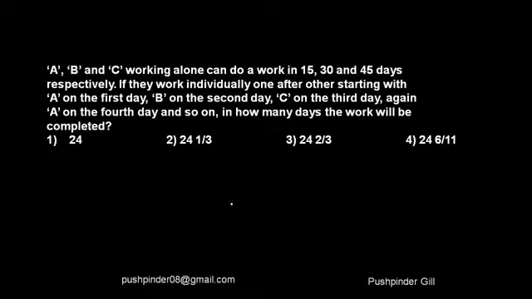Again, A here is able to finish the job in 15 days. B over here is able to finish the same job in 30 days. And C here is able to finish the same job in 45 days. So we need to assume the work to be of some number of units.